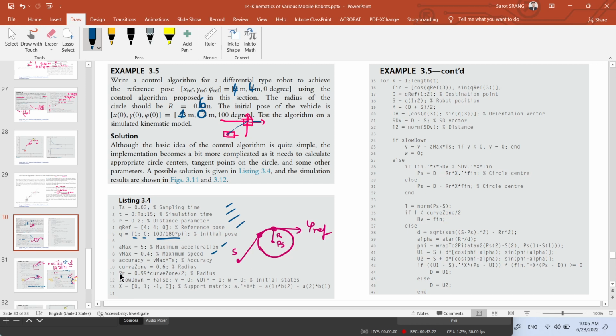So R here is half of the radius. So I think this one is maybe supposed to be diameter. This one is diameter, and this one is supposed to be radius. Okay. And 0.99, we don't use 1, we use 0.99.